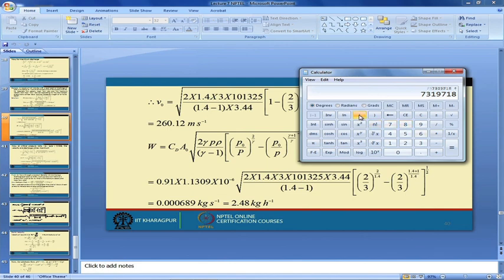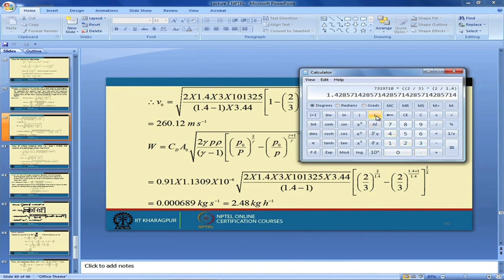So, 1, 2, let us take then 2 by 3, that is 0.66, 2 by 3, 3 to the power 2 by 1.4 to the power 2 by 1.4.